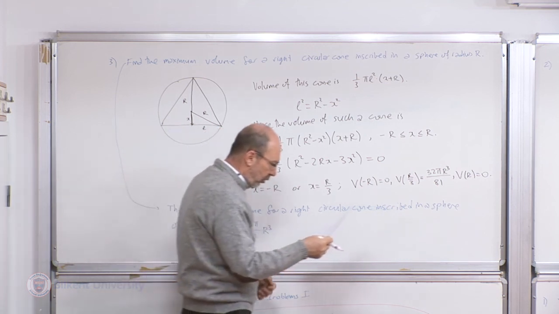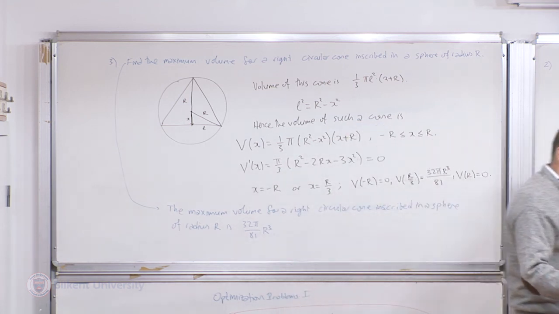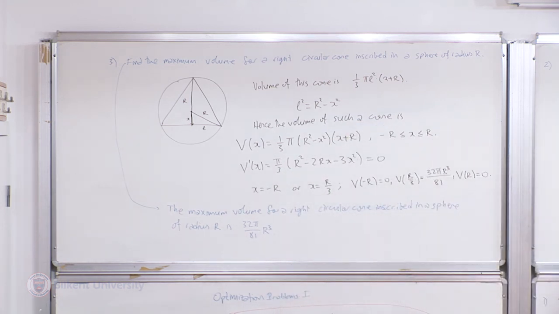This turns out to be approximately 30% of the volume of the sphere. To be precise, 8 over 27.